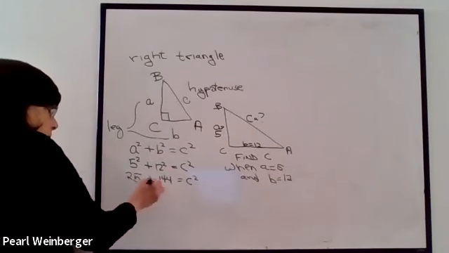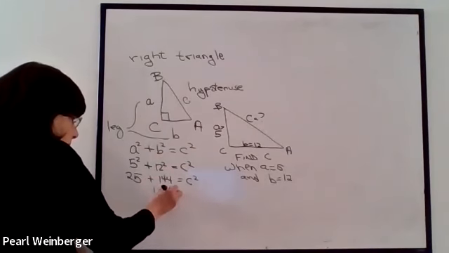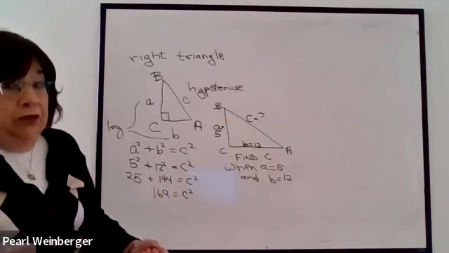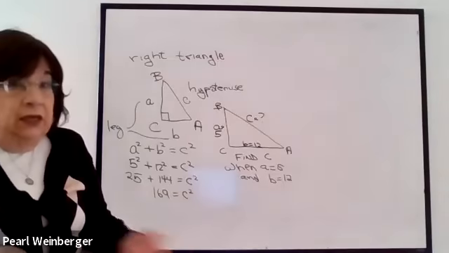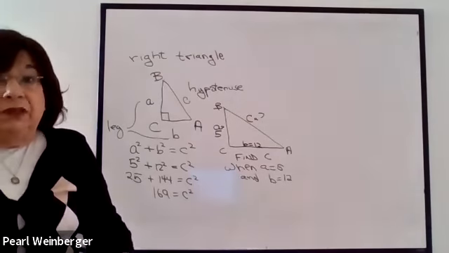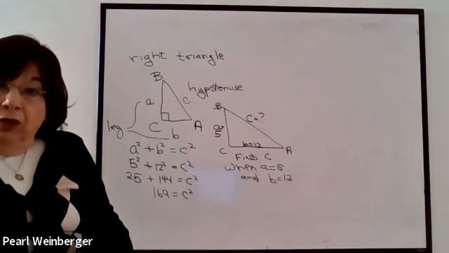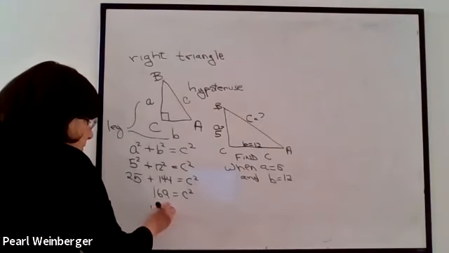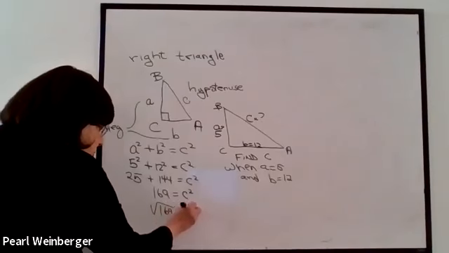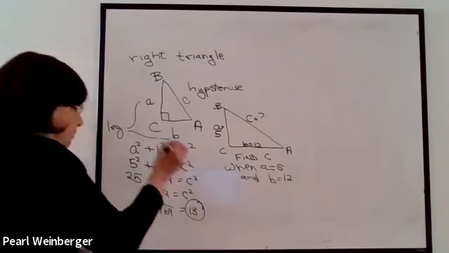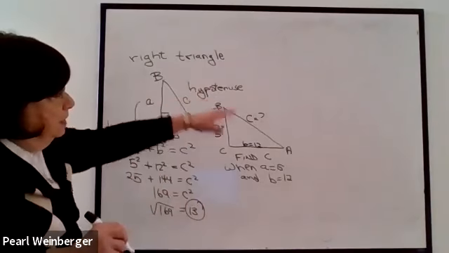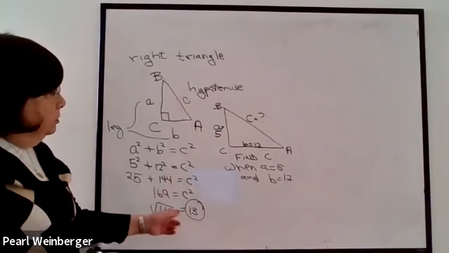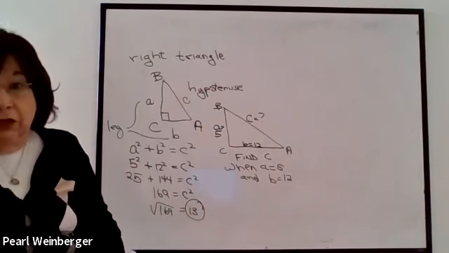So if I add those two together, I get 169 is c squared, which means I know what the number squared is, and I need to figure out what the number is, so I have to take the square root. So if I go on my calculator and I do the square root of 169, I'm going to get the answer 13. And of course, I'm only going to use a positive answer because we're talking about sides of a triangle. It doesn't make sense to talk about them as being negative. So the answer to side C is 13.